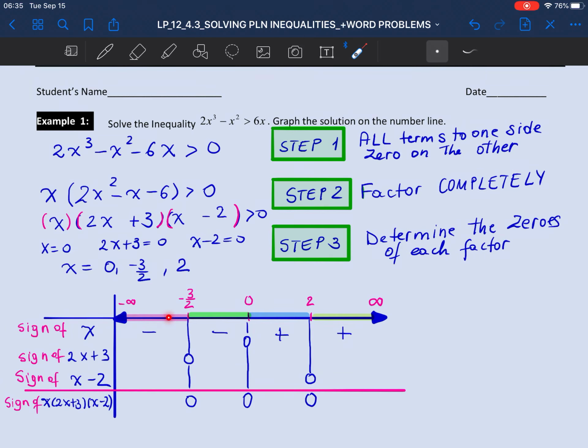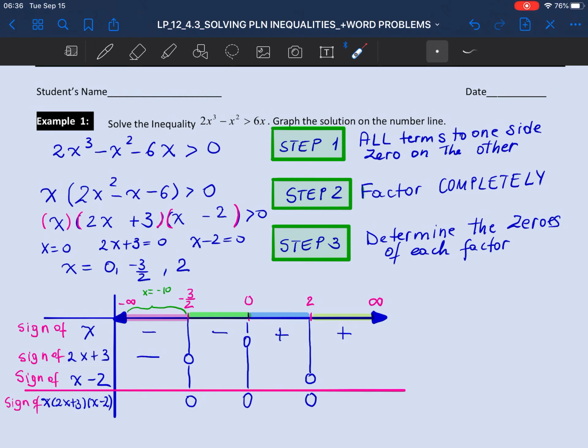And if you want to know what the sign of 2x plus 3 will be from negative infinity to negative 3 over 2, we need to plug in a testing value, any number that you can get from this interval. So say, for example, x equals negative 10. If x equals negative 10, 2x plus 3 will change to 2 times negative 10 plus 3. So that will be negative. For x values bigger than negative 3 over 2, let's take a look at the next interval.